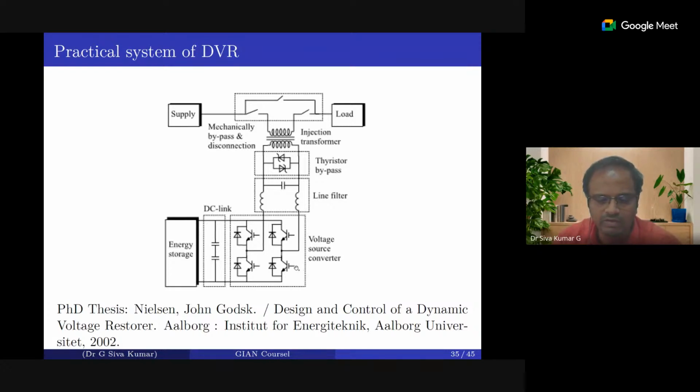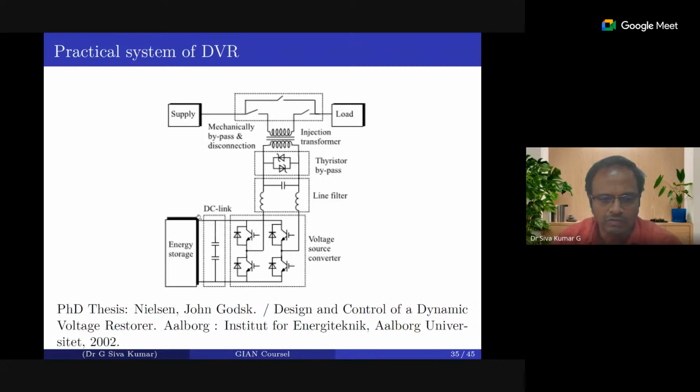The normal UPS we use supports maybe around 10 minutes only. It can't support for more than 10 minutes. So suppose you have voltage quality issues that will exist for a very long duration of time, maybe steady state voltage variations. In that case, this energy storage cannot support.